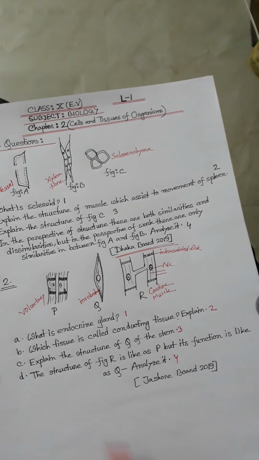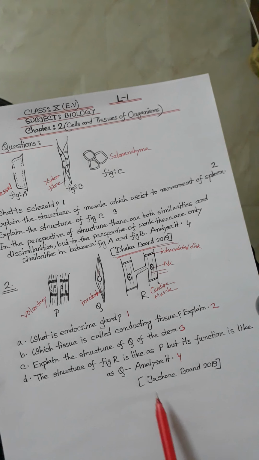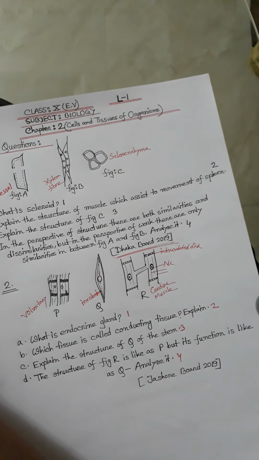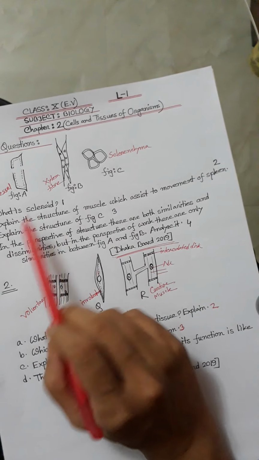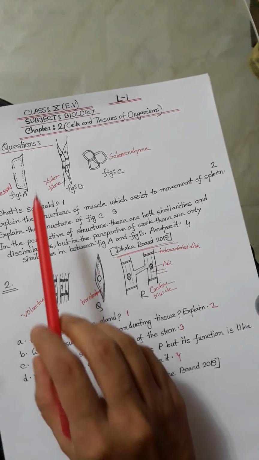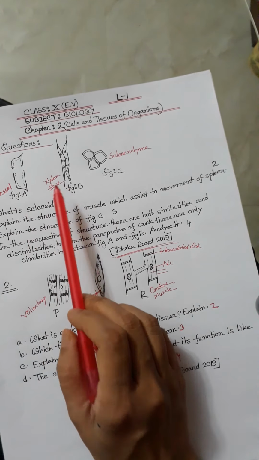This question is from Jessore Board 19. These two questions are very important for you, so follow the structure and the figures. Here the sclerenchyma figure, and here vessels and xylem fiber.